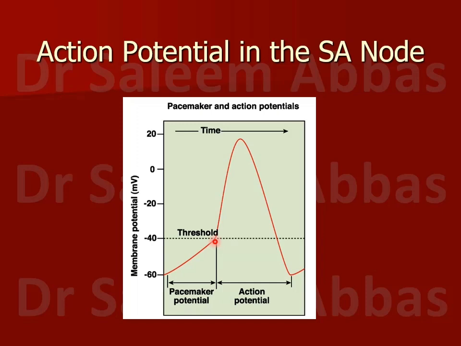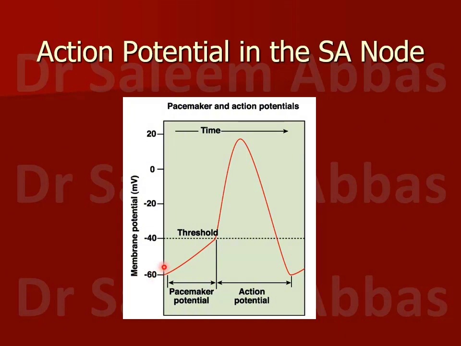muscle fibers. Okay, in the ventricular muscle fibers, phase 0, that is depolarization, is because of the opening of the fast sodium channels. But here in the SA node, the fast sodium channels are already inactivated by this low negativity inside the fiber.